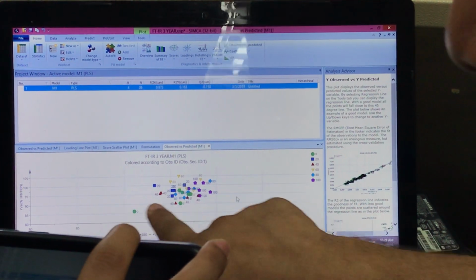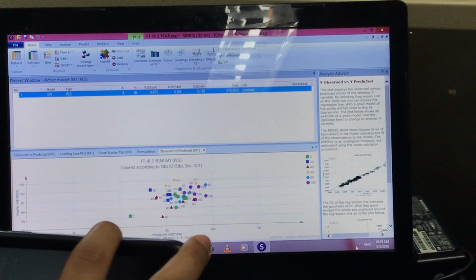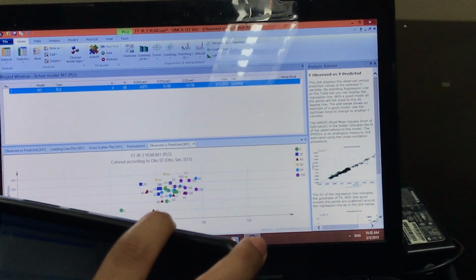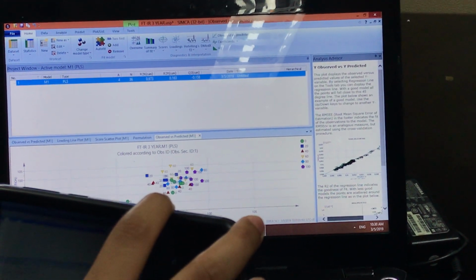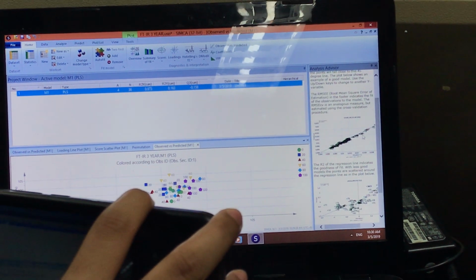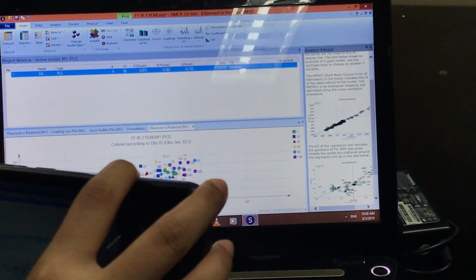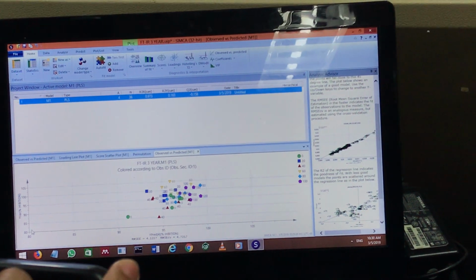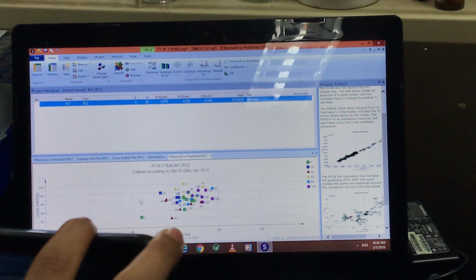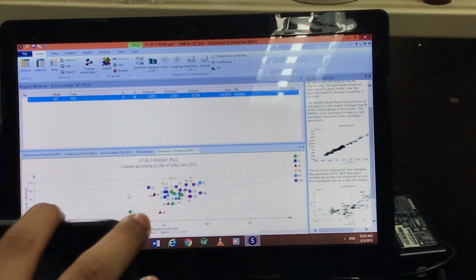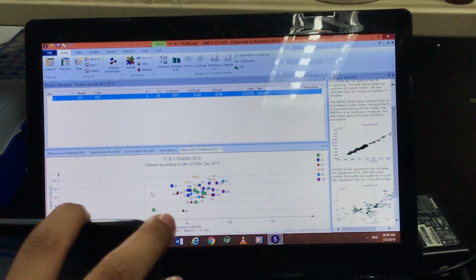It should be like this, but here all come at the same points. We cannot draw the R square because it is less than 0.9. R square is less than 0.9.